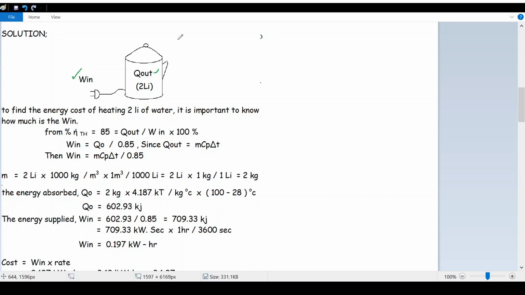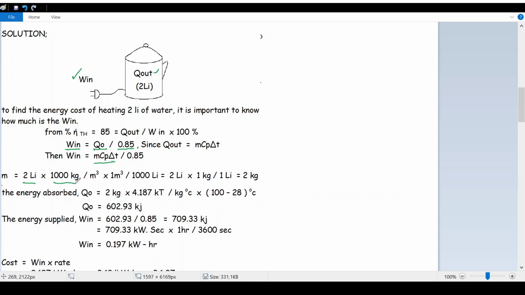We can write here that the energy in is energy out over the efficiency, or the energy out is the m Cp delta T, and we can determine the mass m given the volume of the water, 2 liters.